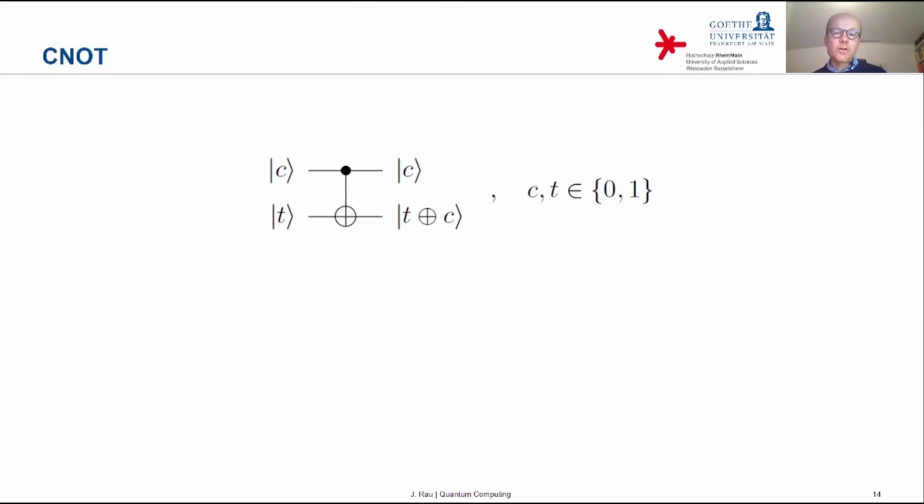That's a logical NOT. That's why it's called a controlled NOT. Depending on the basis state of the control qubit, the target qubit is flipped. So it's a logical NOT, classically.